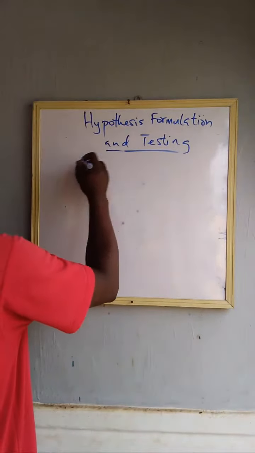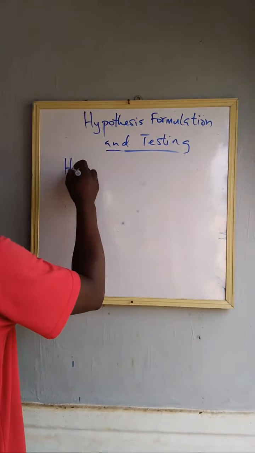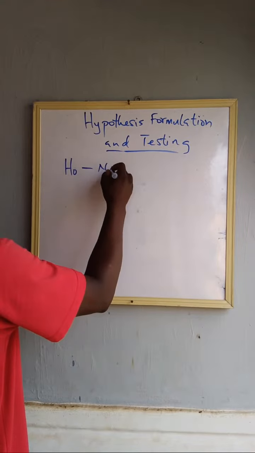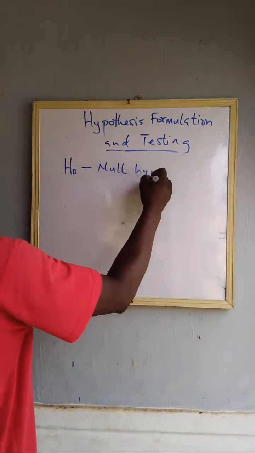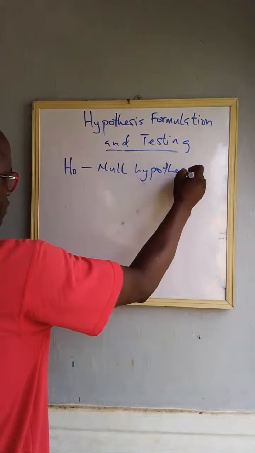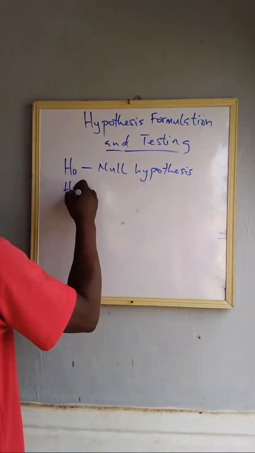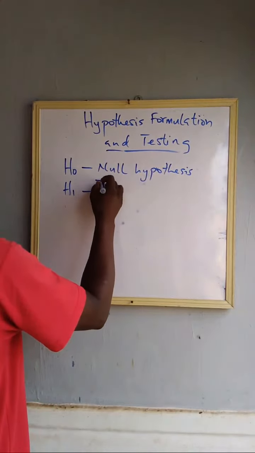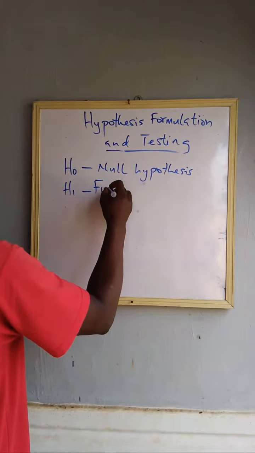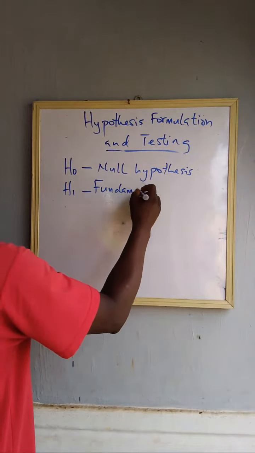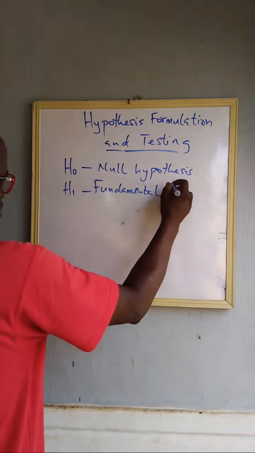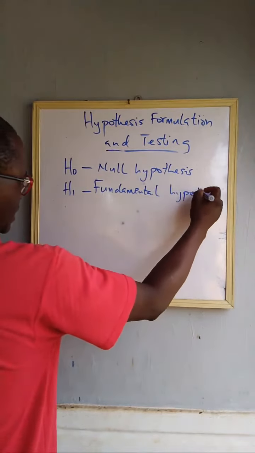So null hypothesis is represented as H0. This is called null hypothesis. And then H1, fundamental hypothesis.